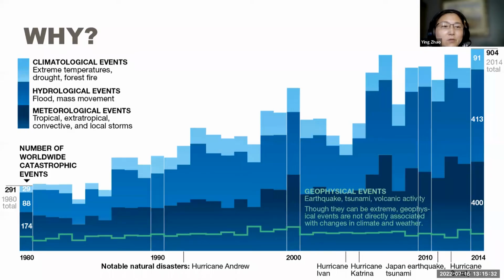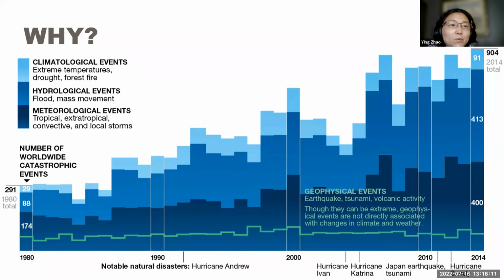For climate change, you can see this chart that shows the record from 1980 to 2014, where all kinds of climate events increased substantially. For example, the light blue, like extreme temperatures, droughts, and forest fires, increased somewhat, because at the beginning it is much less here, and here it is much higher.